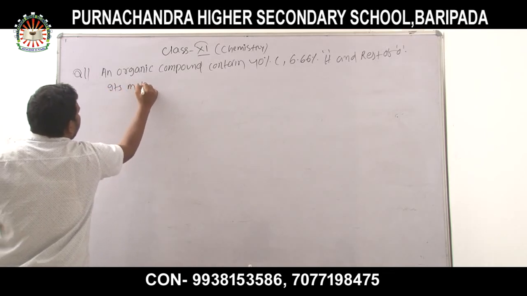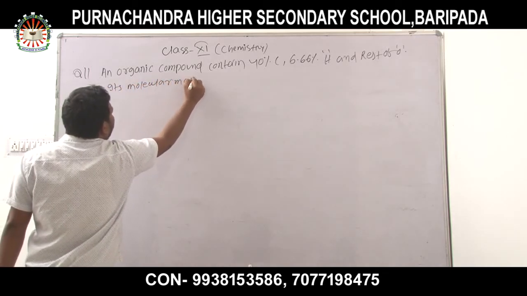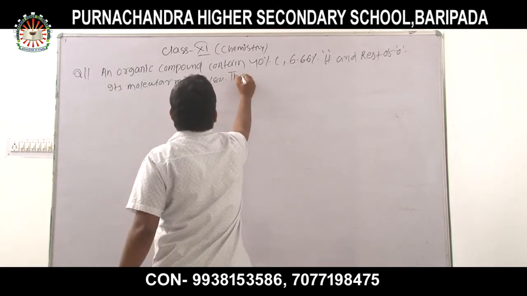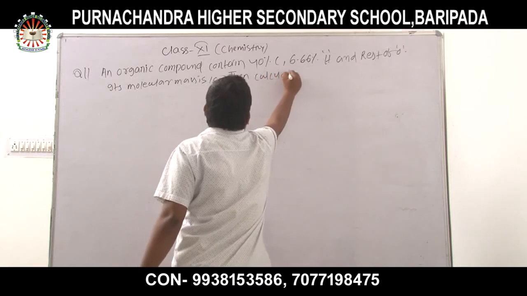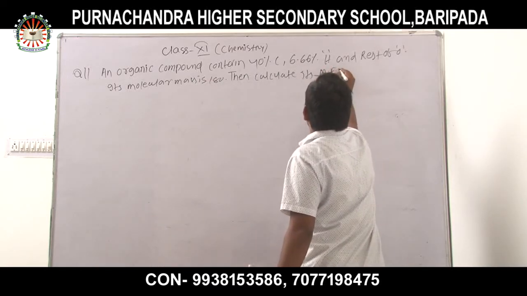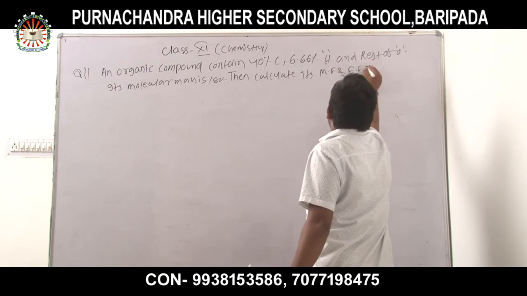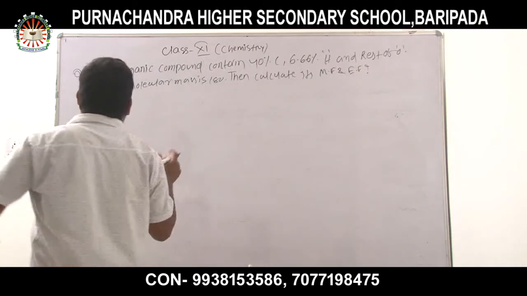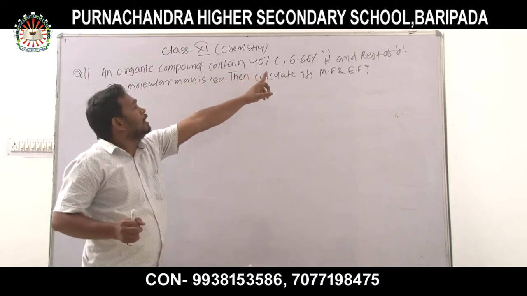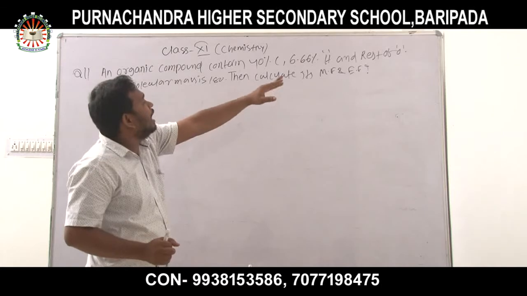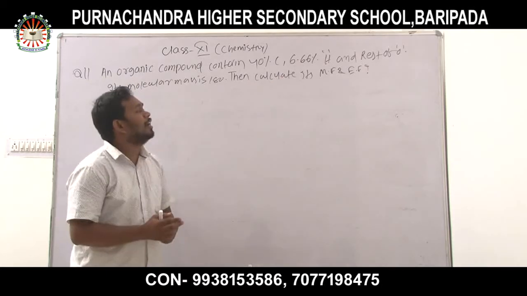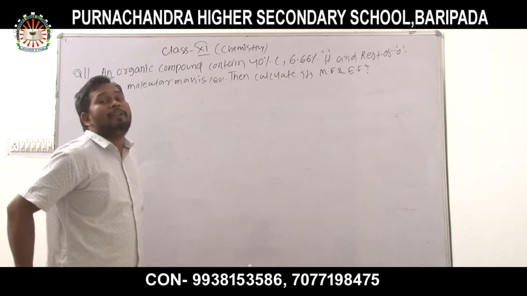Its molecular mass is 180. Then calculate its molecular formula and empirical formula. Again, I repeat the question: an organic compound contains 40% carbon, 6.66% hydrogen, and the rest oxygen, and its molecular mass is 180. Then calculate its molecular formula and empirical formula.